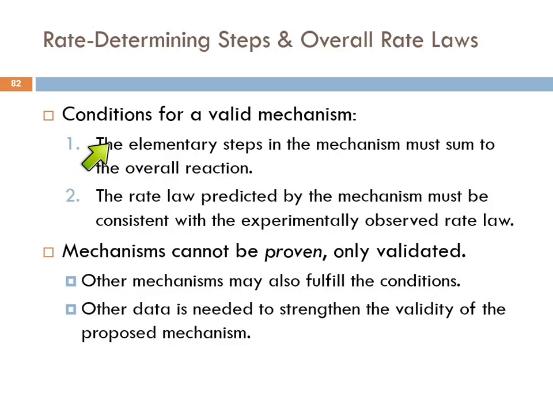These are the conditions for a valid mechanism. You could come up with more than one mechanism that fits both of these conditions. The reactions add up to the correct equation, and they predict the same rate law. And so to figure out, if you have two of them, which is correct, then you need more data. You need more information.